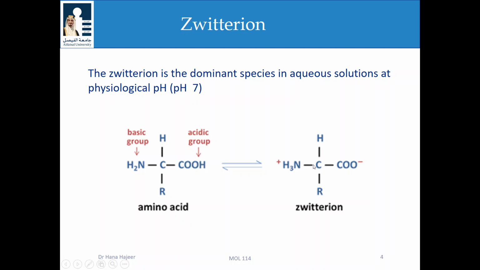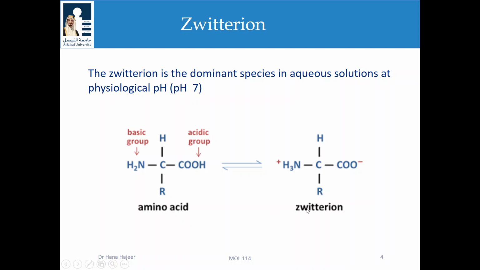And this is what we call in chemistry, what? Zwitterion. Okay, so it's an ion that has a positive and a negative charge. So this is the dominant species of free amino acids at physiological pH.